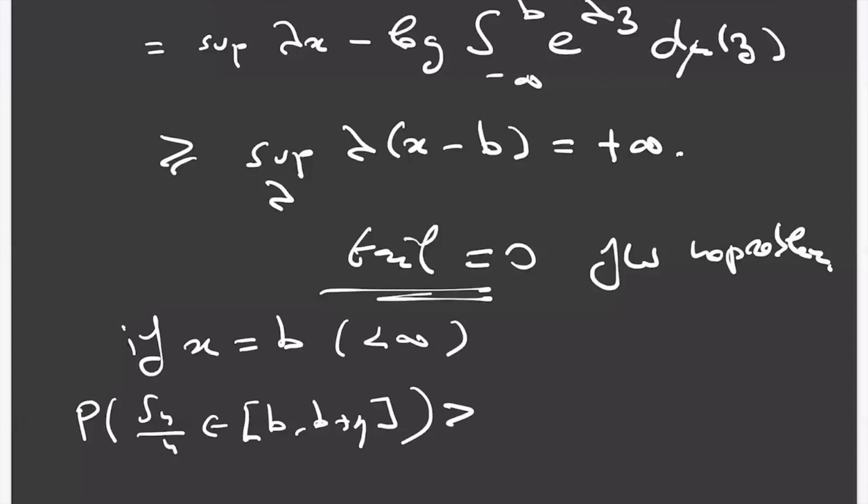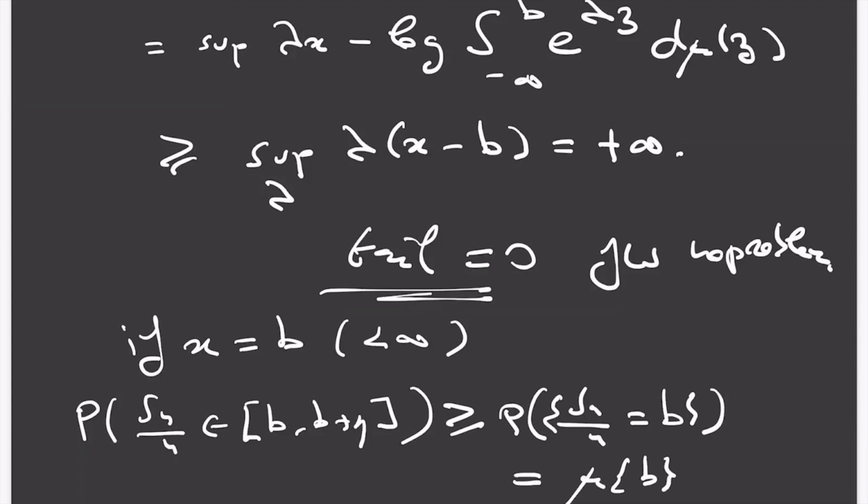We lower bound it by the probability that Sn over n is equal to b, which is equal to the measure of point b to the power n.